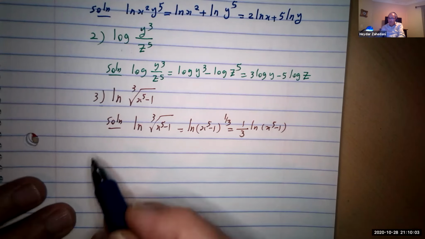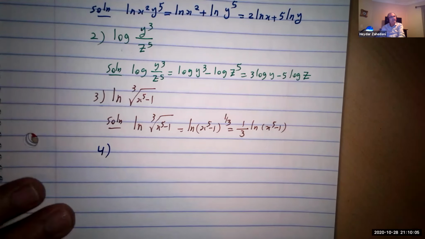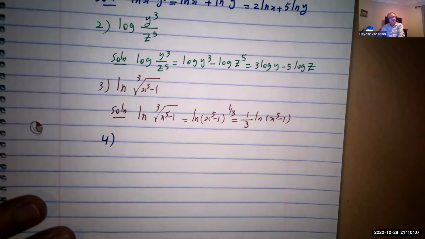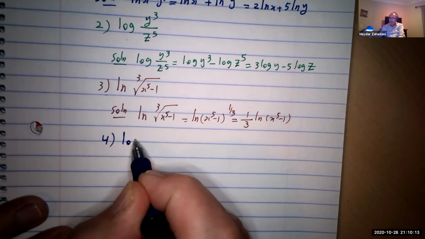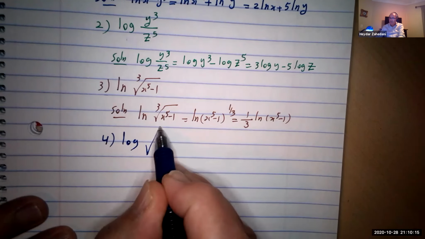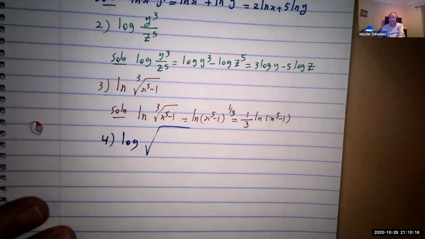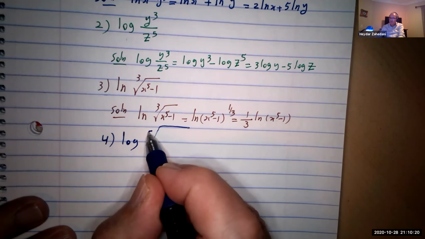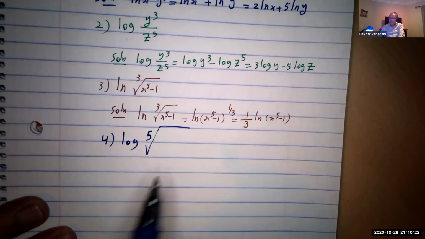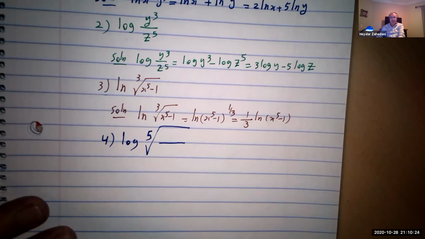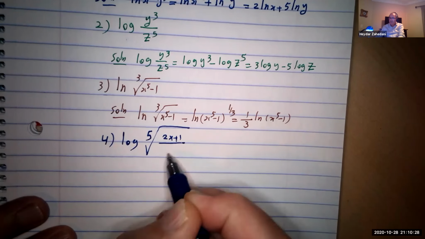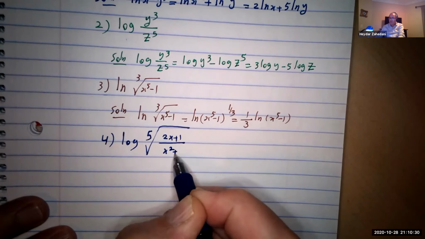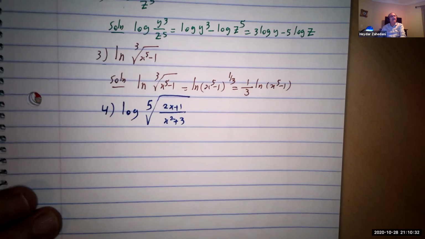So the actual one for calculus is this one. Let's say I'm going to simplify it. Are you ready? Suppose you have the log, then you have, okay, this is it. You have the fifth root inside. Inside you have 2x plus 1 over x squared plus 3. You see, it seems to be very complicated, but it's not.